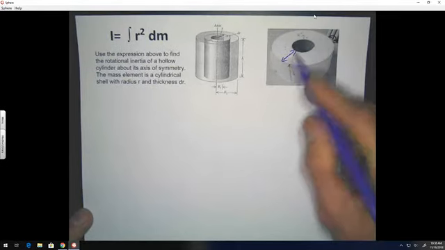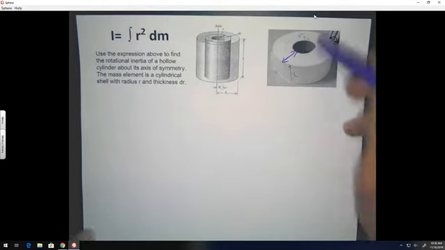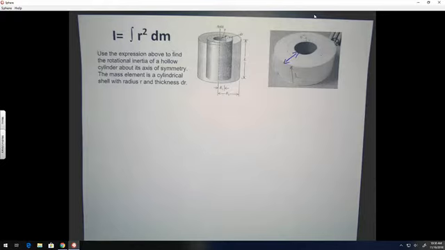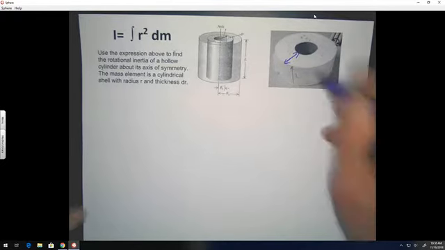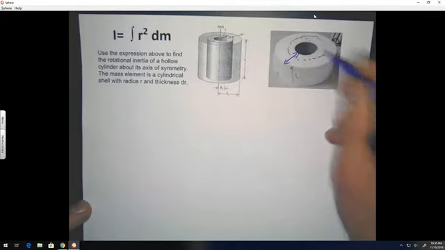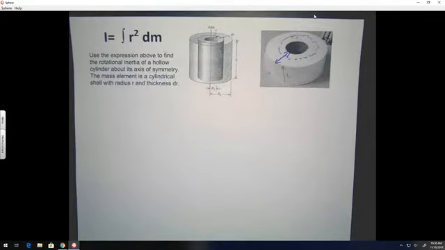But that thickness is made up of probably thousands of different circles made up of the individual thickness of the paper on the roll. So think in terms of sleeves here. The sleeves are going to be kind of like just an individual circle of paper going around, and that sleeve thickness is going to be quite small.